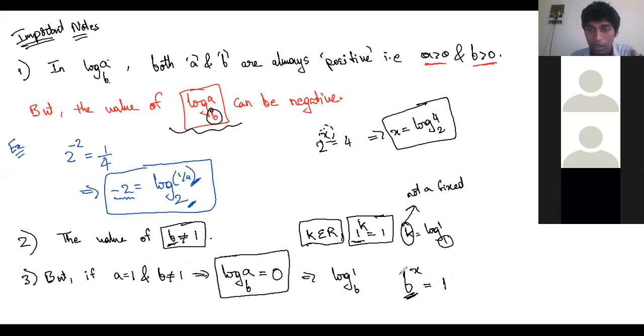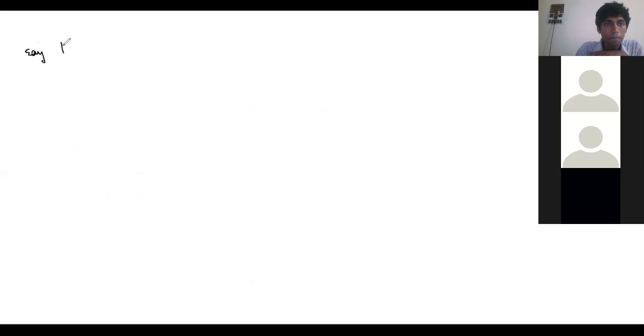Anything to the power 0 is equal to 1. Any positive number to the power x should give you 1. When is it possible? It is only possible if x equals 0. At any other point it will give you some other real value. Let us say b is equal to 2.